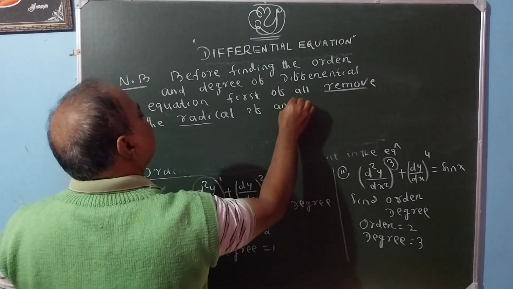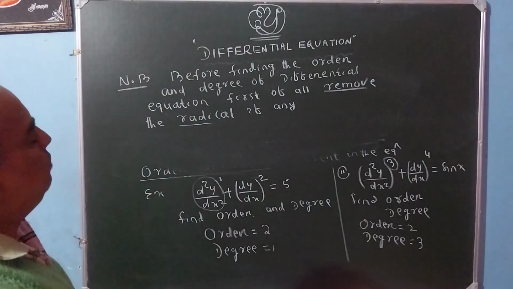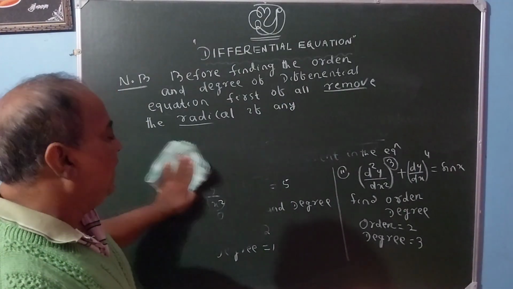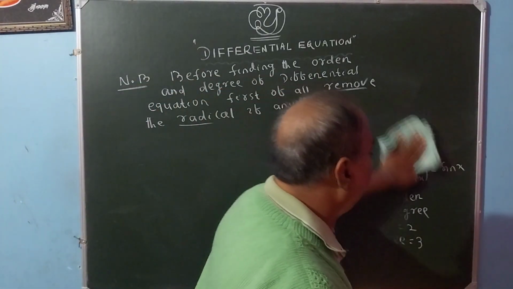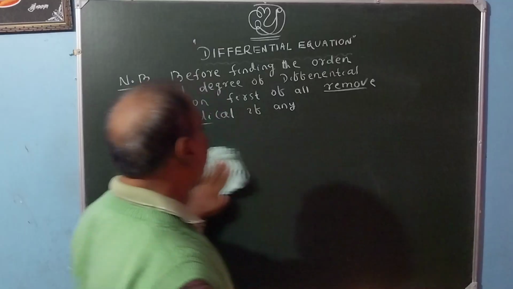If there are any radicals, first of all you have to remove them. Radicals means cube root, square root, fourth root, fifth root; these are called radicals.